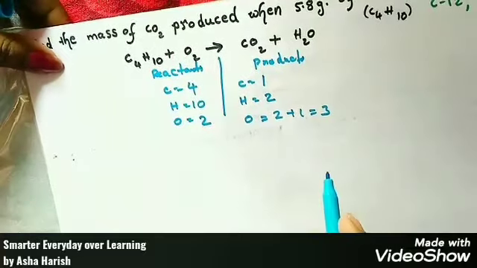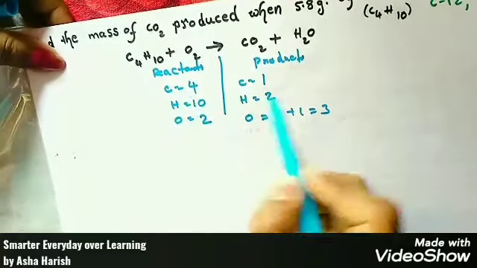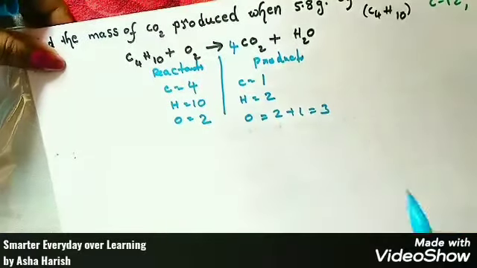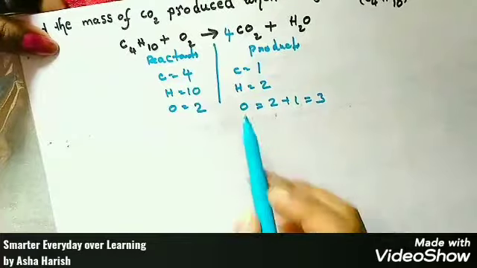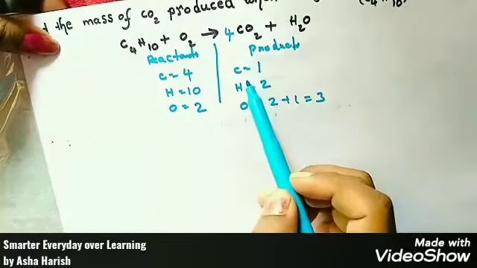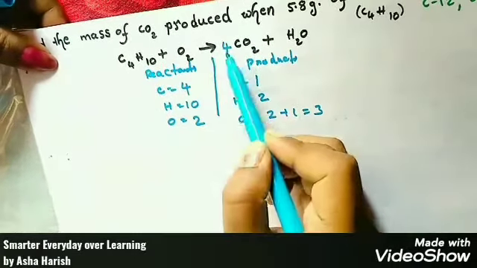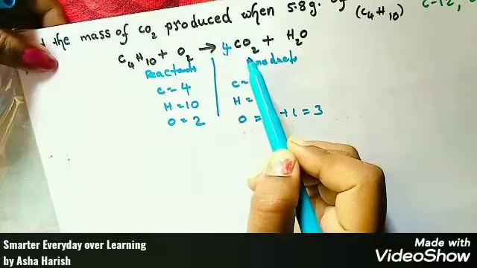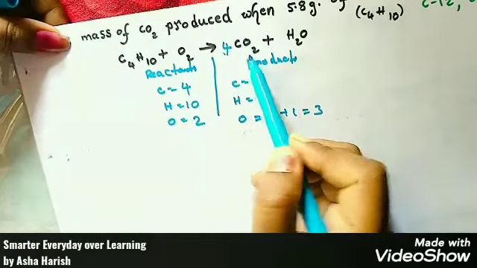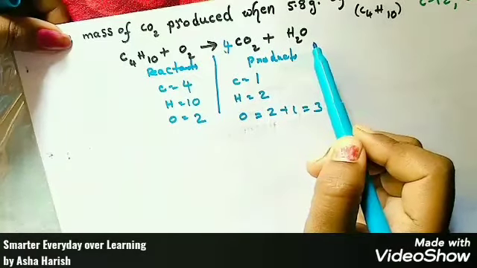If you place here 4 carbons, right? If you place here also 4, then the number of oxygens should also be changed here. 4 2s, 8 oxygens. 8 and 9 oxygens, students.